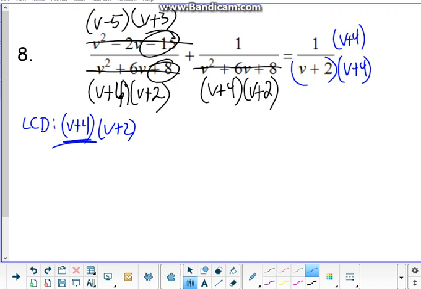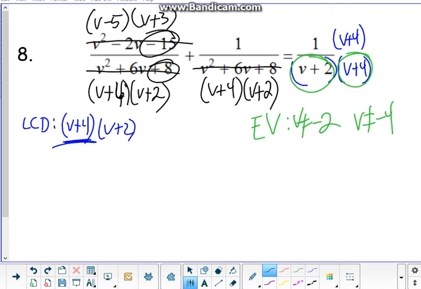Now we can start to find out what our excluded values are. The only things that I can plug in for v here that are going to make this one 0, v cannot equal negative 2. And then here I would say v cannot equal negative 4. Okay? So now we can go ahead and start looking at what's my next step.